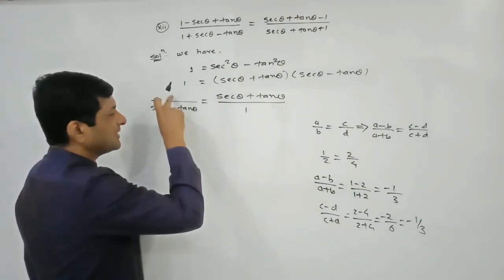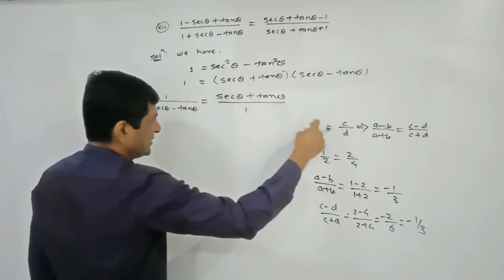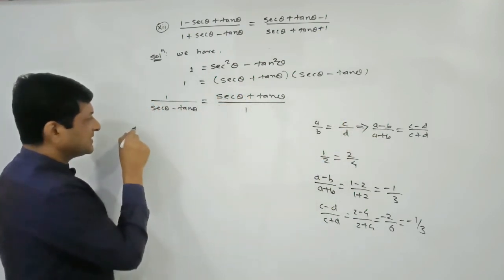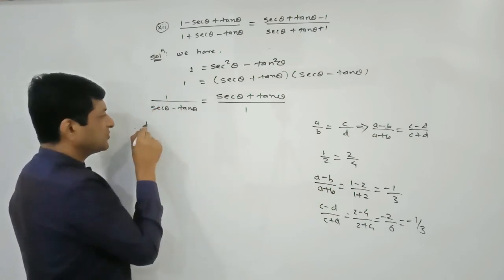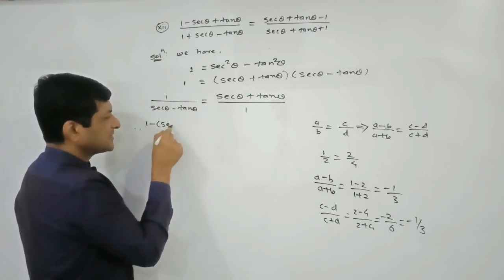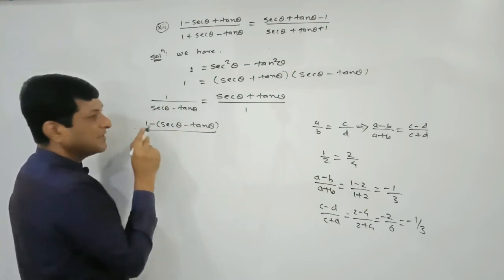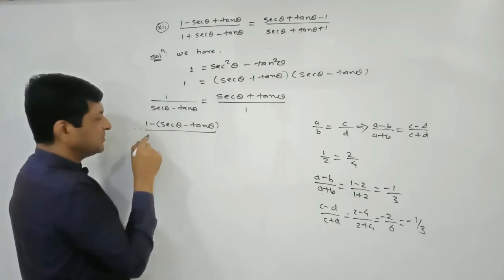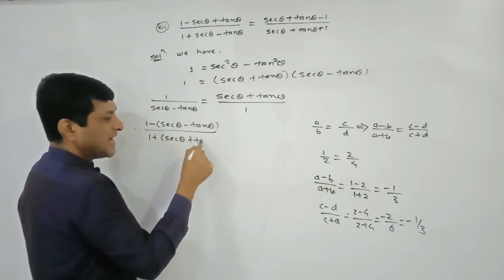And this result we are applying here. So here A upon B is equal to C upon D, meaning the expression is in this form. It can be written as A minus B, that is 1 minus sec theta minus tan theta, upon A plus B, that is 1 plus sec theta plus tan theta.